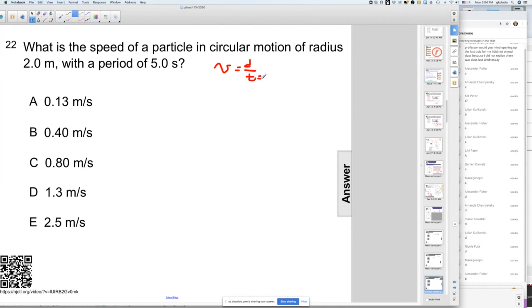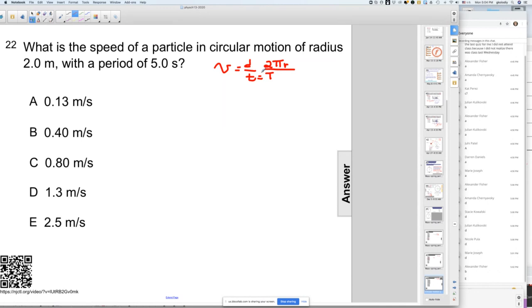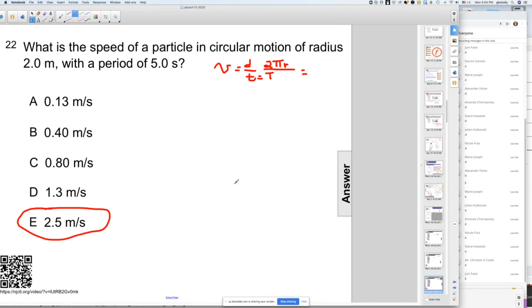That means if t is equal to the period, d is equal to 2 pi r. Right, so E is the right answer for those of you who are answering.